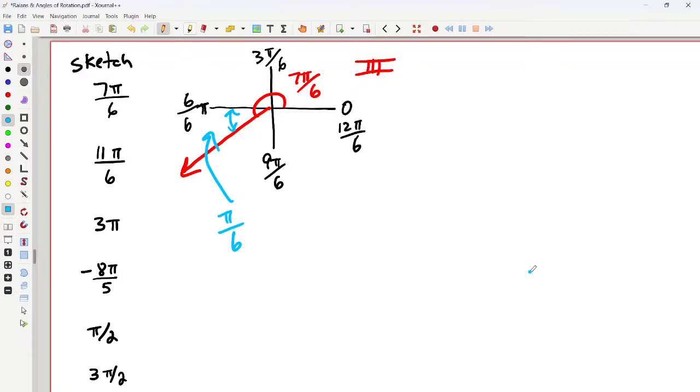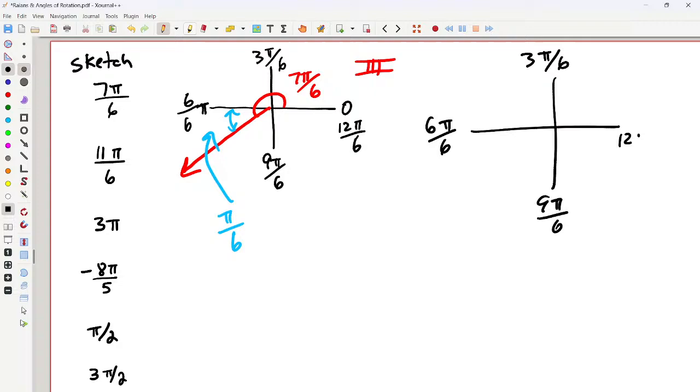Next one is 11 pi out of 6. Good news is we're going to have the same values here. 3, 6, 9, 12. 11 is not quite all the way. This right here is my reference angle.